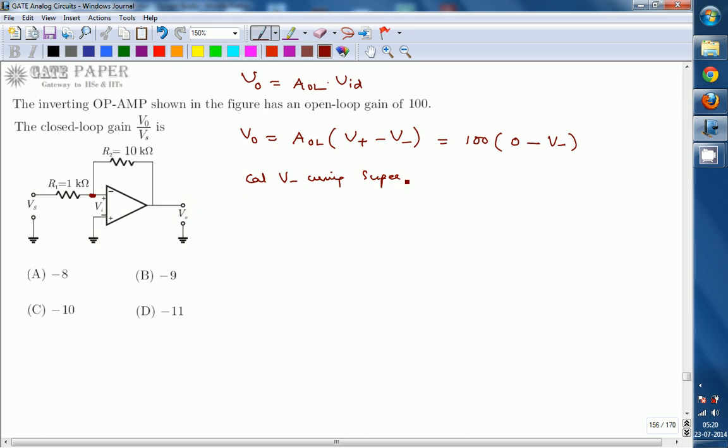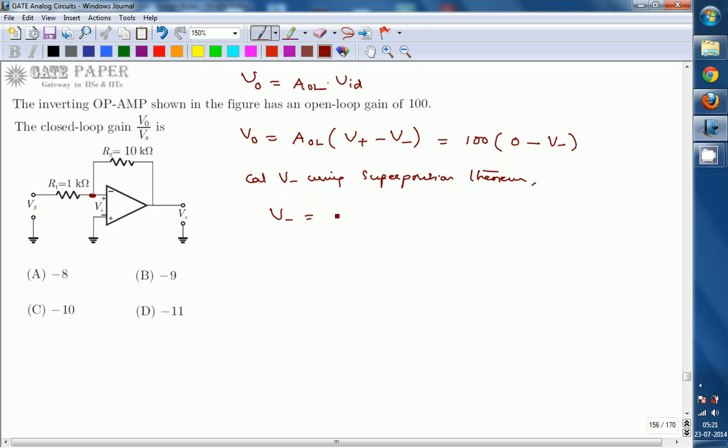The superposition theorem says that the overall response of any circuit is the sum of individual responses whenever you are considering one source at a time. If you consider Vs as one source, by that time V naught should be 0. If you consider V naught as one source, by that time Vs should be 0.